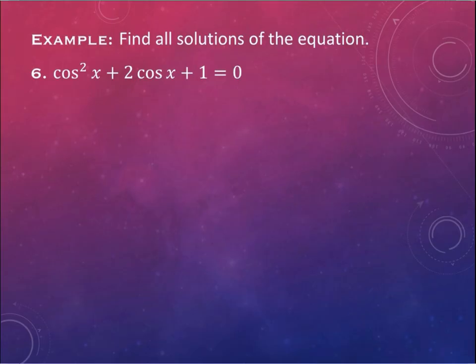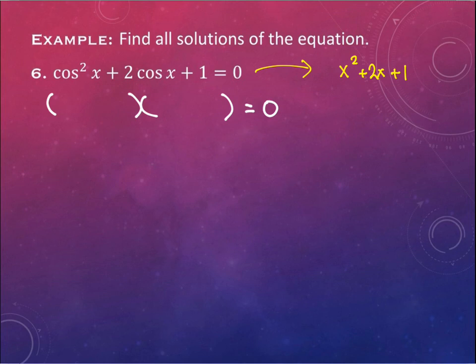And what I'm going to end up doing is factoring, but I want to remind you of what this would look like in its analogous situation if we were doing things in algebra. If this were an algebra problem, this would look like x squared plus 2x plus 1.